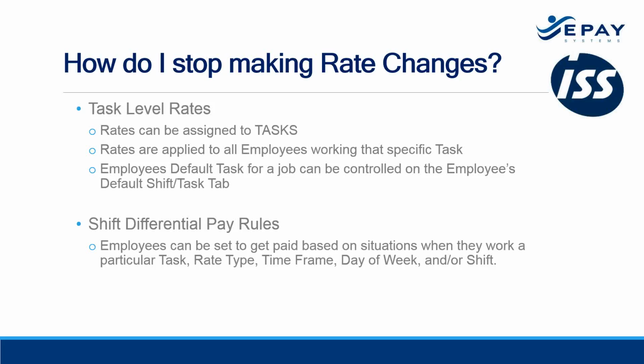So if an employee normally gets paid, say, $10 an hour, but the carpet tech task pays $15 an hour, and they are not clocking into that task or their time record does not show that task, they'll still be paid their $10 rate. It's only when they actually work that specific task that the task level rate applies.